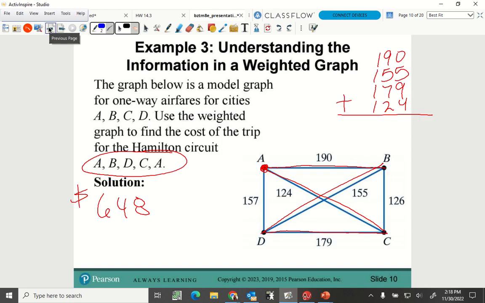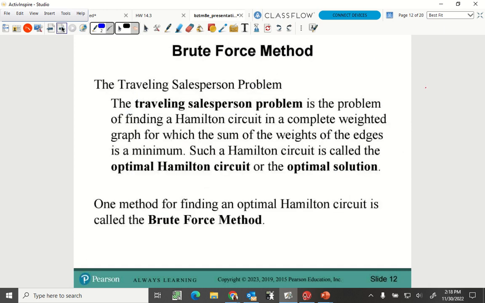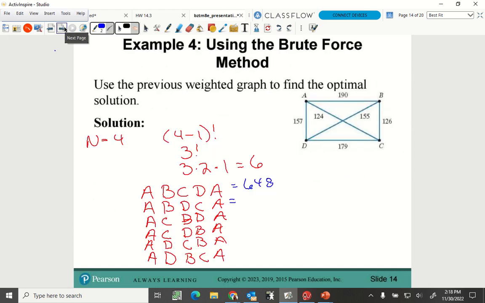I skipped this side and this side. So I'm going to skip at least 2 of them every time. I just want to get the smallest number out of it. So you guys are calculating this. Calculate each one. That's what brute force is.